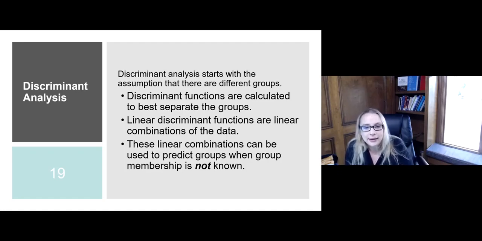But just to be clear, this is not the same as cluster analysis. In discriminant analysis, the discriminant function can be thought of as the best possible linear combination of the X predictor variables that maximize the squared distance of the overall centroids of the data.